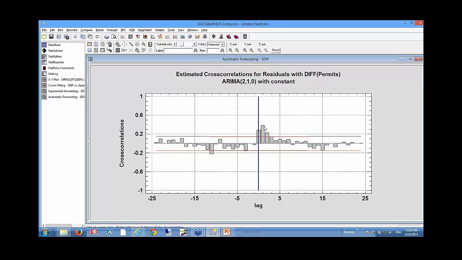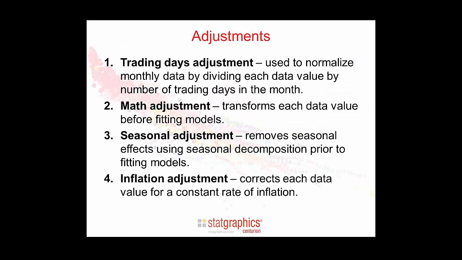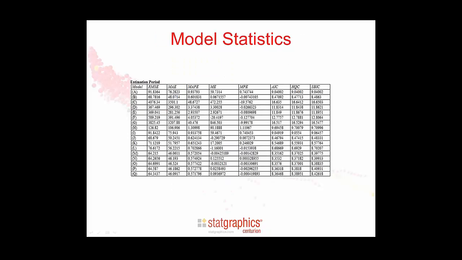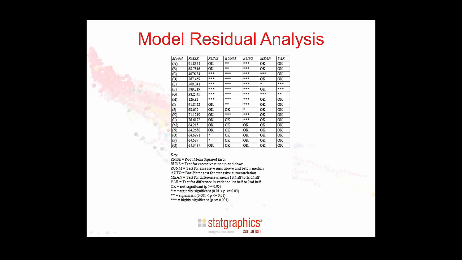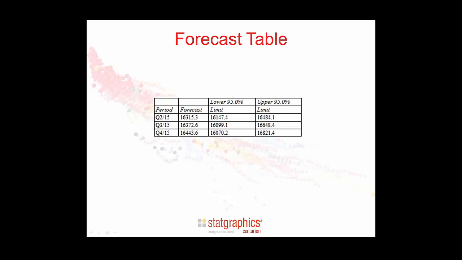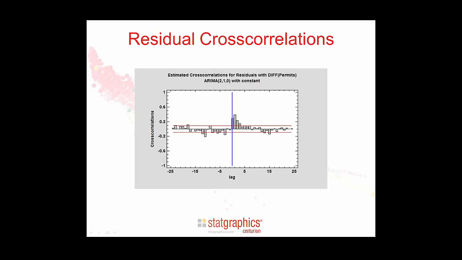Now, let's go back to the PowerPoint slide and talk about the last type of models we want to talk about this morning. And that will be models with leading indicators. Let me go up. I've got this up ahead here someplace. There it is.